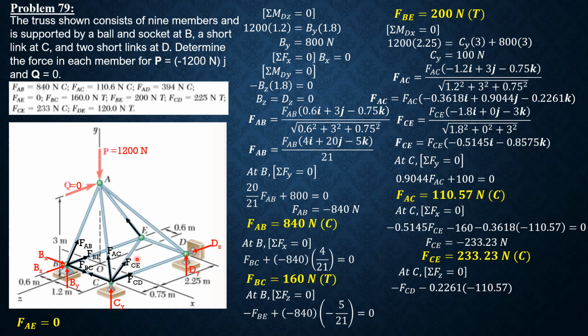Then the Z component of FCE is negative 0.8575 of FCE. So negative 0.8575 of FCE, and FCE is negative 233.23 equals 0. Solving for FCD, FCD is positive 225 Newton. So it is tension. Now for the remaining forces, let's have it on the next slide.